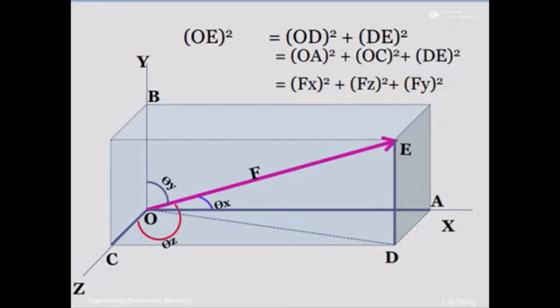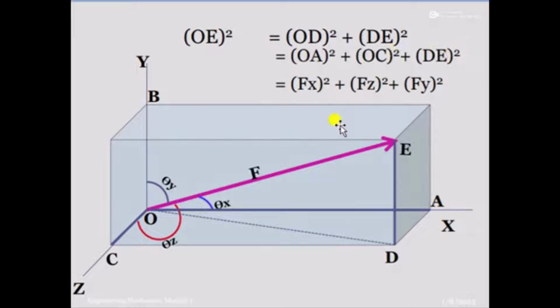Further, it can also be said that OE square is equal to OA square plus OC square plus DE square, that is this vertical one.